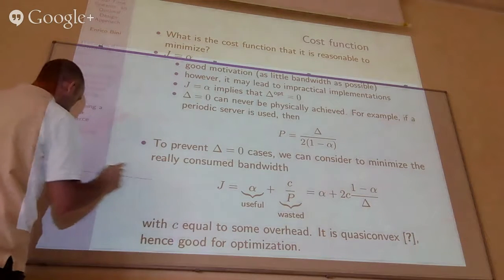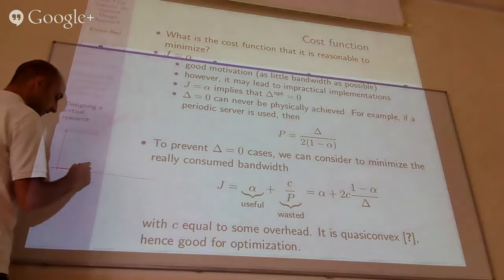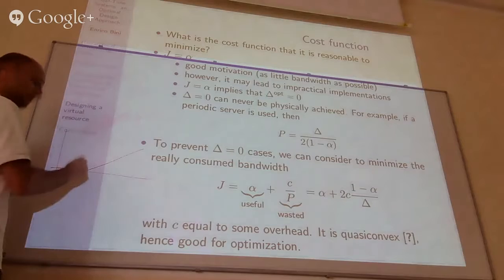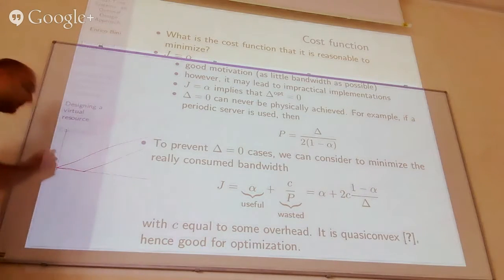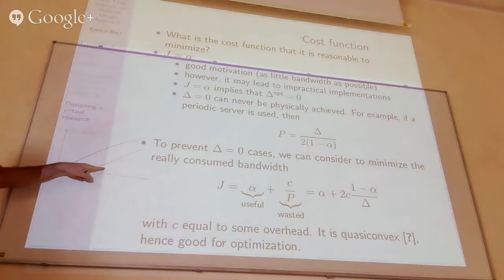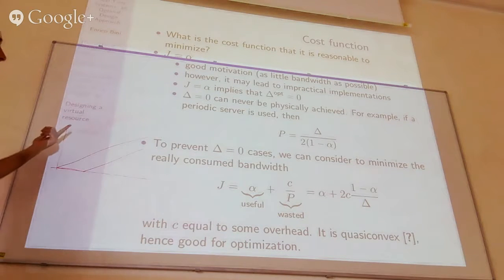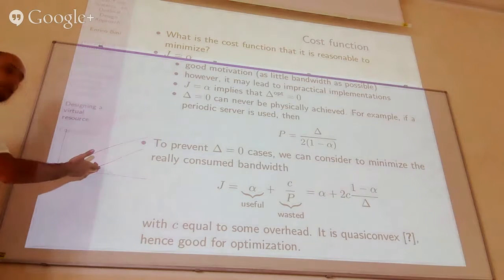Why is this? Let's say this is alpha with non-zero delta, and this is the same alpha with 0 delta. Of course, the line with the same alpha and 0 delta is always strictly larger than this one. So there is no convenience if you don't weight this.